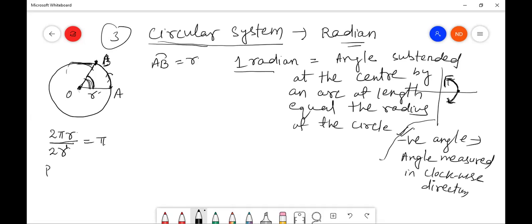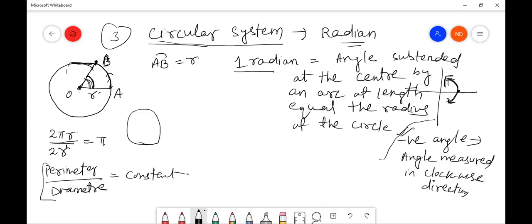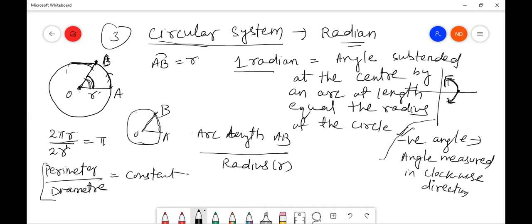So if you take any portion of the circle, suppose I take OA and let me take B, then we have arc AB, the arc length AB, and here the radius R, that is a constant.